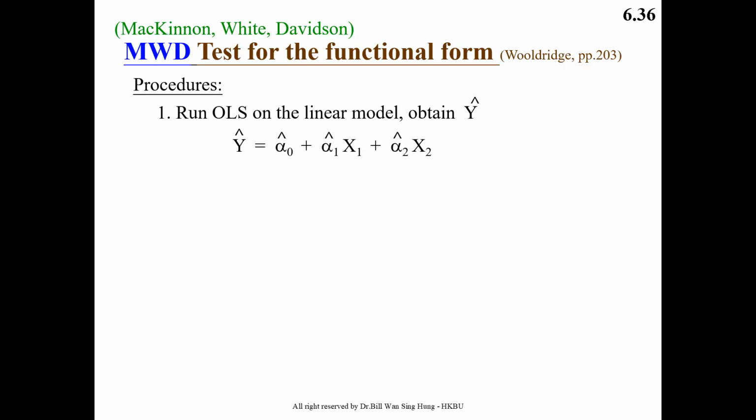This is the MacKinnon-White-Davidson test for the functional form, and that is available in the Wooldridge book on page 203. The procedure is, we will run OLS on the linear model.